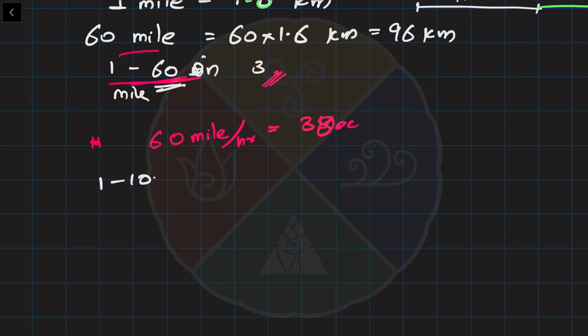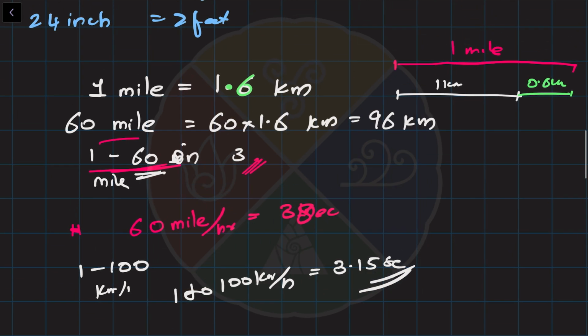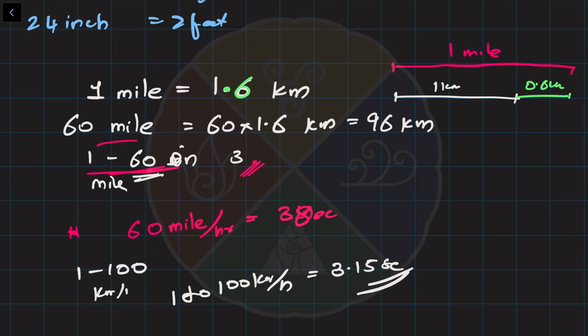They'll be saying 0 to 100, because we are using kilometer per hour. They will be saying the same thing in a slightly different way, that 0 to 100 kilometer per hour will take, let's say, 3.15 seconds or something like that. So that is a relationship between miles and kilometer.